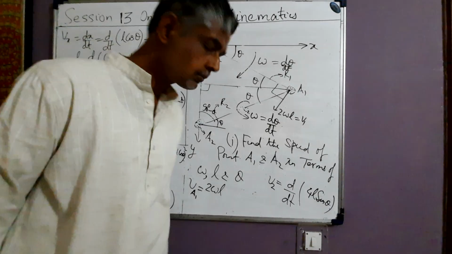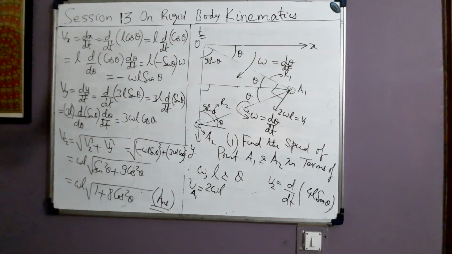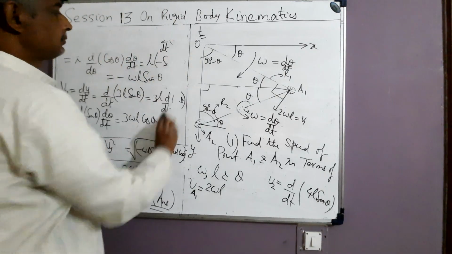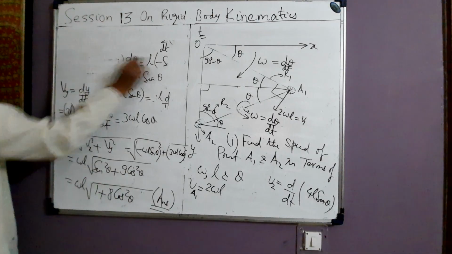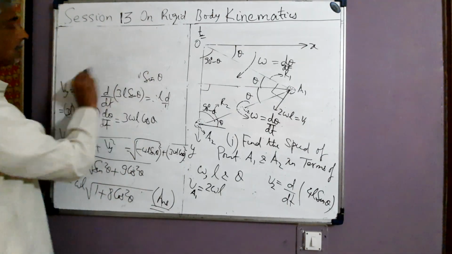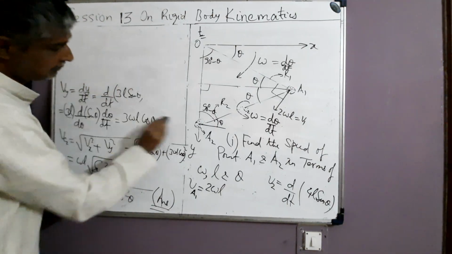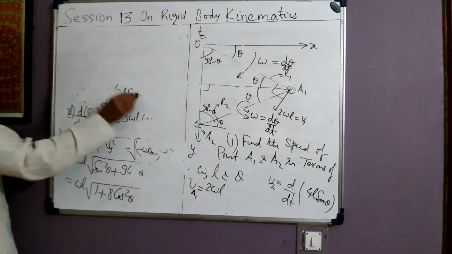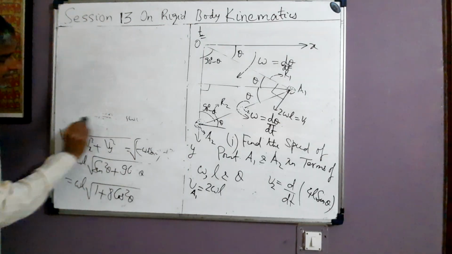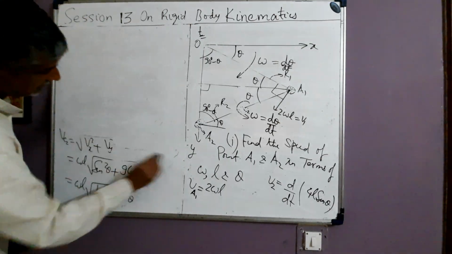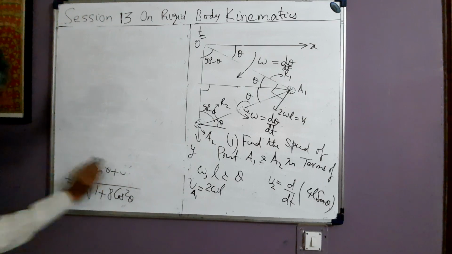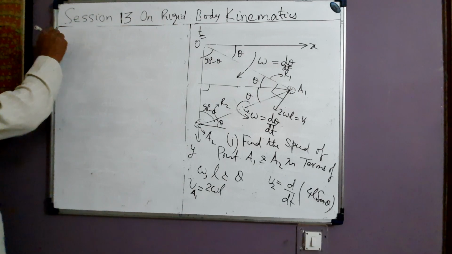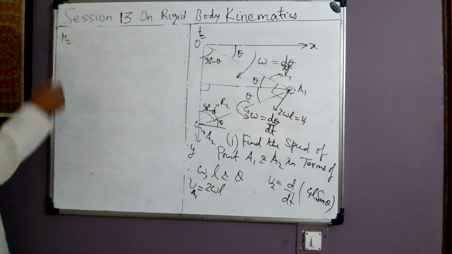Okay. Now, what is the third part of the question? Now method 3 is this. This was the first method.